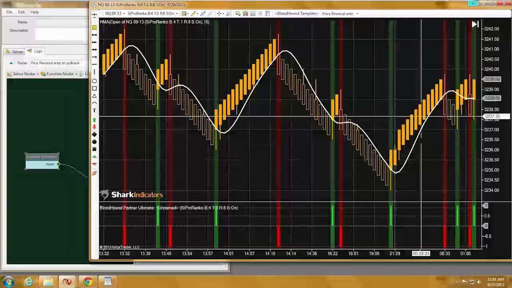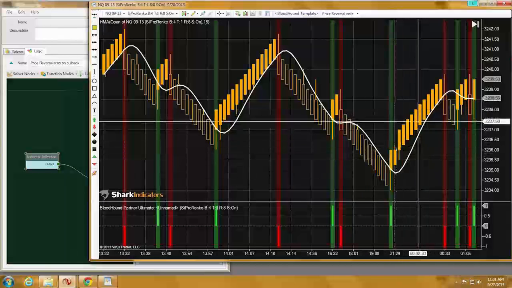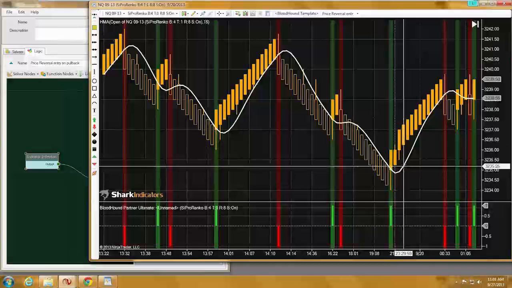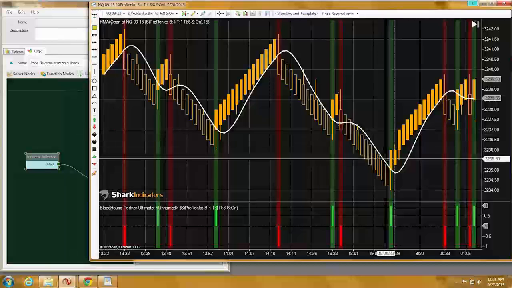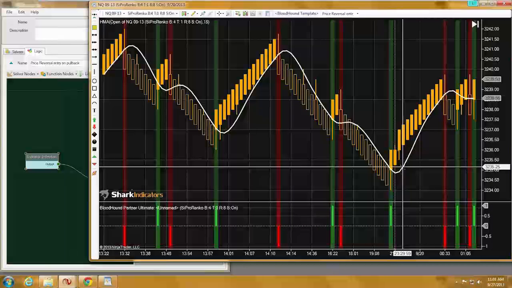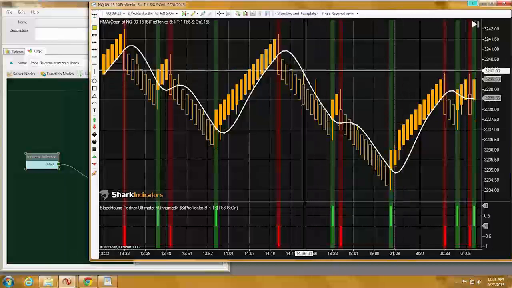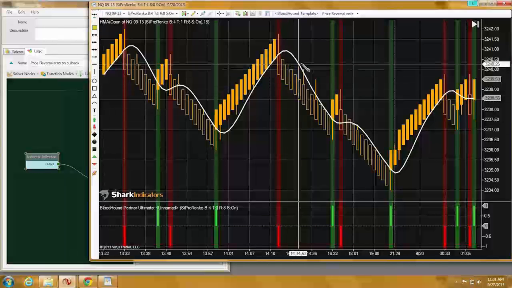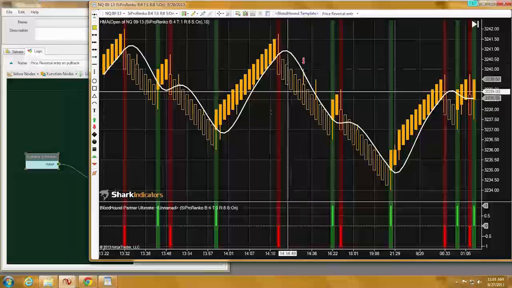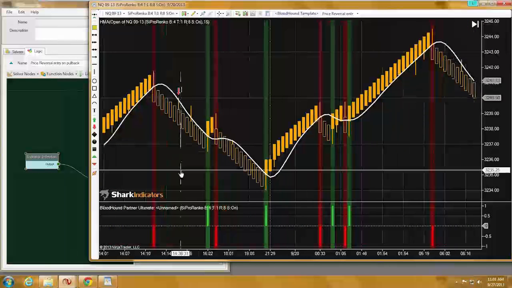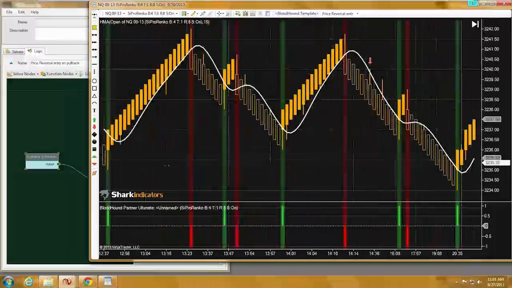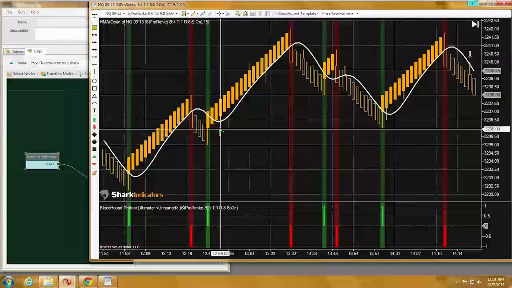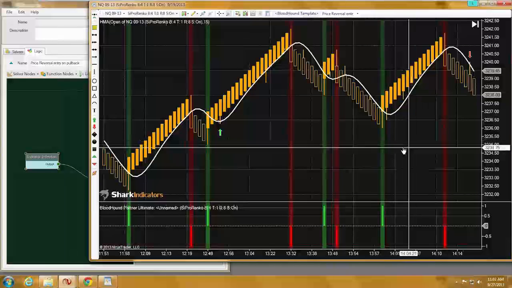And for long signals, we're going to be looking for the low price to come down and touch or break our moving average. So we're going to be comparing the low price to the moving average, or in this case, the high price to the moving average. So I can see right there we'll get a signal, and okay, we'll get a signal here for a long signal.